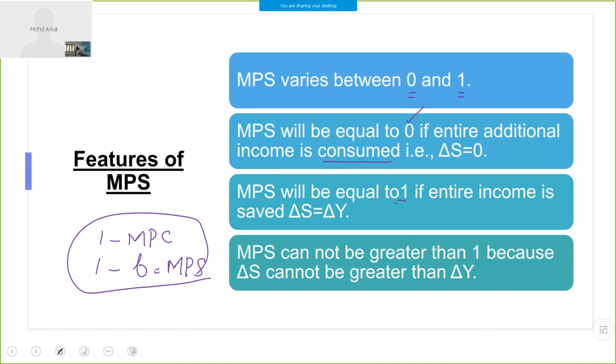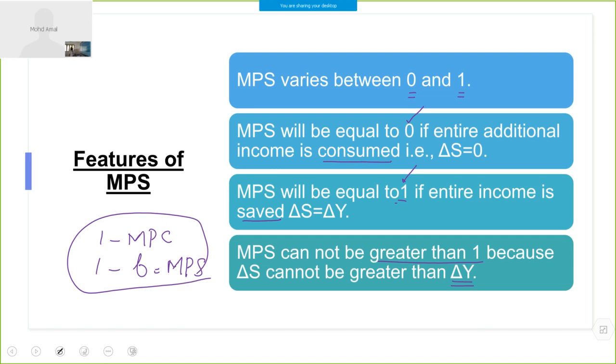If entire income is saved, MPS will be equal to 1. Fourth feature, MPS cannot be greater than 1 because additional saving cannot be greater than additional income.